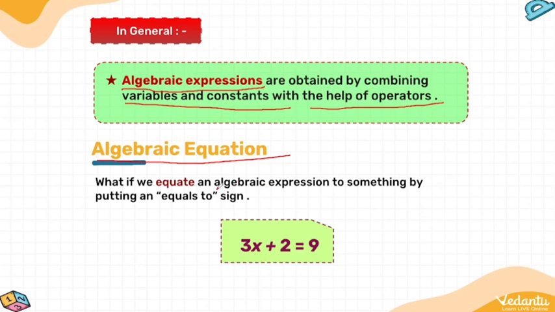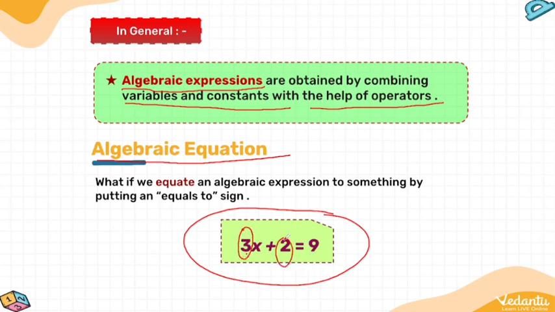To represent an algebraic equation, I have written an example here: 3x plus 2 equals 9. Here you can see 3, 2, 9 are the constants. You can see x as a variable, and you can see the equal sign, and the plus sign is an operator.